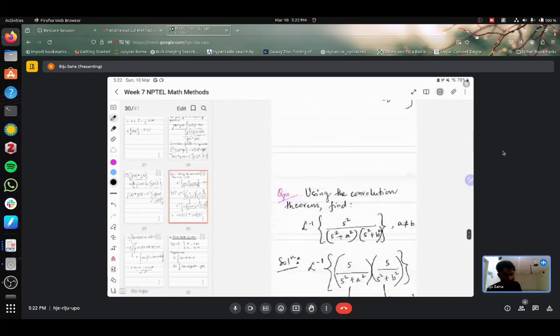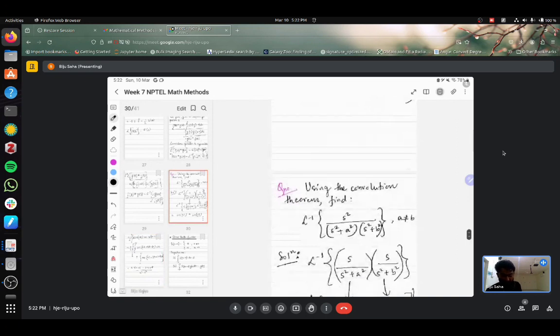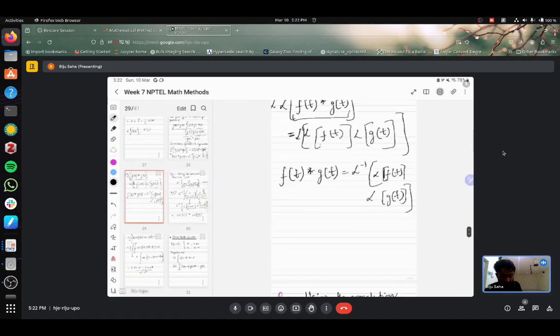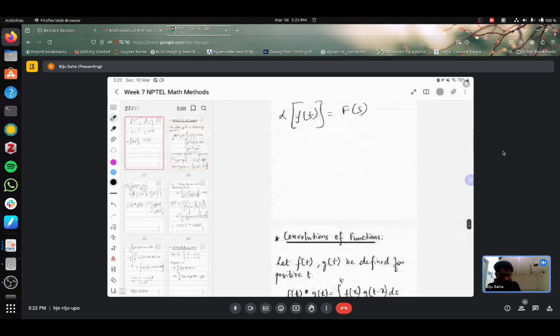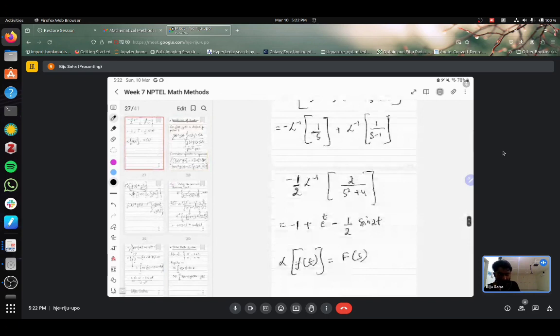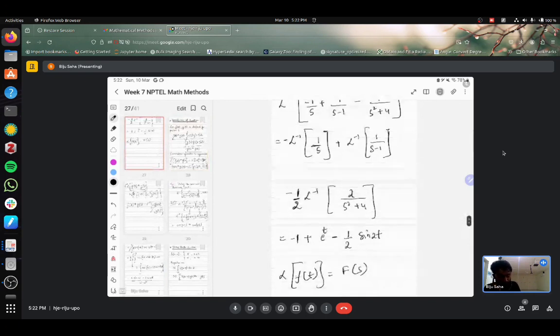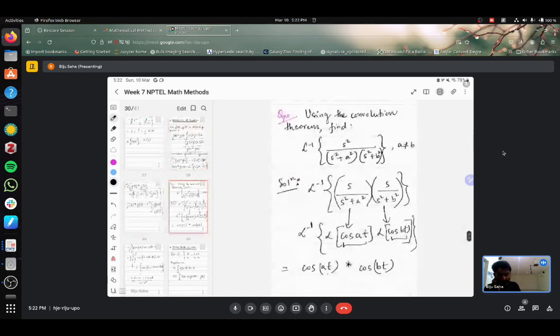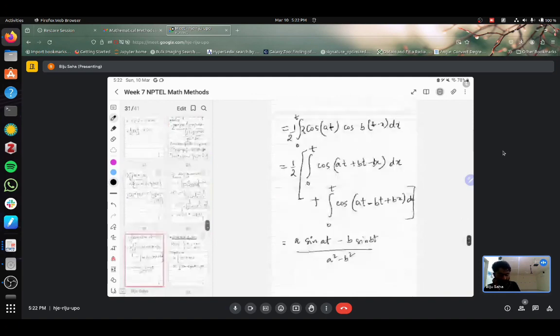So this is how you could find out the inverse Laplace transform using the convolution theorem. It's a very important tool, because we initially saw that carrying out the inverse Laplace transform is not such a trivial task. Either you should know some standard form, otherwise it's very difficult to approach. So this is one of the tools that will be helpful.